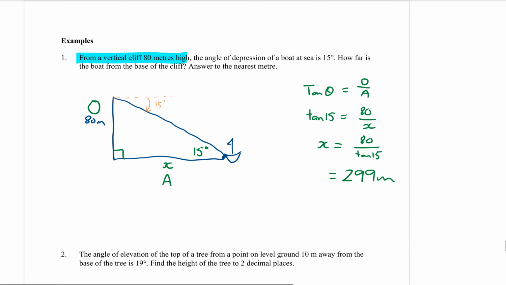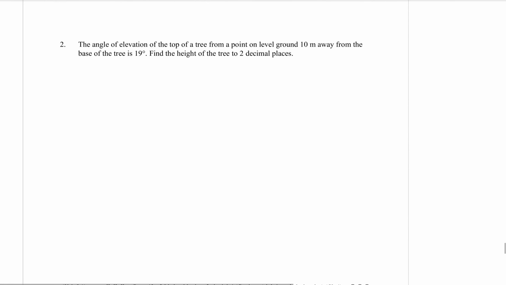Question 2. The angle of elevation of the top of a tree from a point on level ground 10 metres away. All right, let's break that into sections. We have a tree, okay? Just like I had a vertical line before, a tree can totally be a vertical line, right? There's my tree.